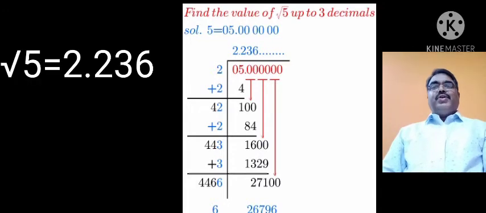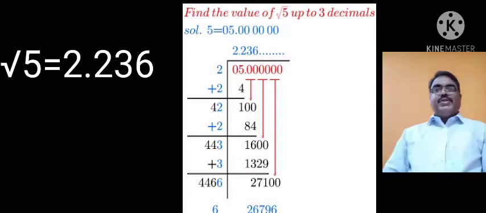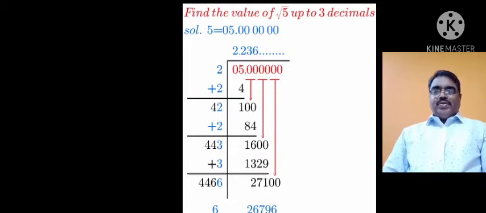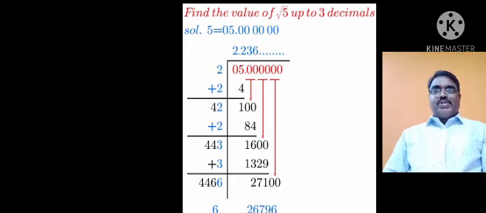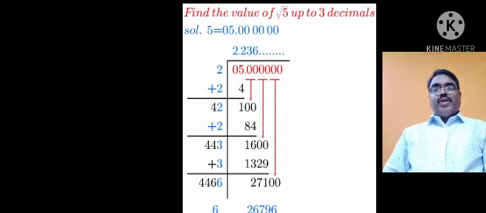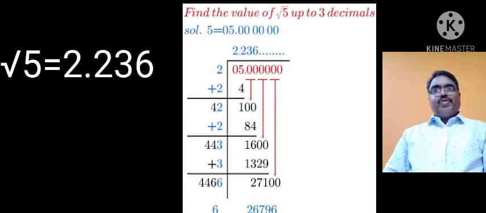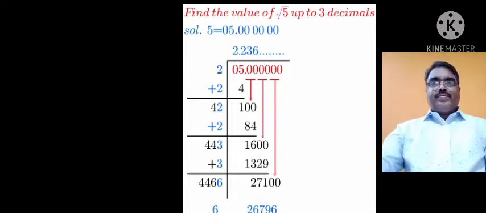So this method you can continue till as many digits as you require. So finally we get the square root of 5 equals 2.236 and so on. You can continue this procedure up to 4 decimals or up to 5 decimals, up to 6 decimals, as many decimals as you wish.